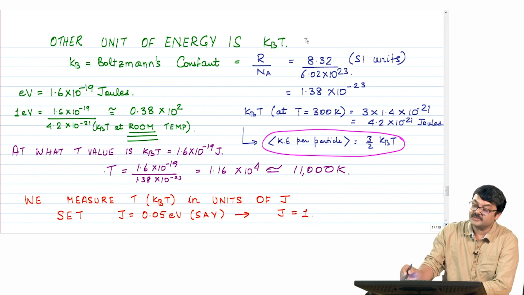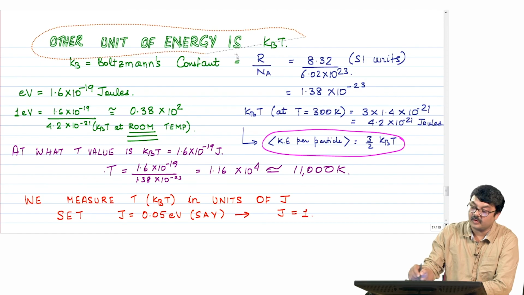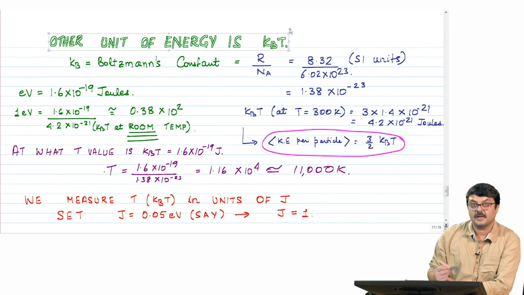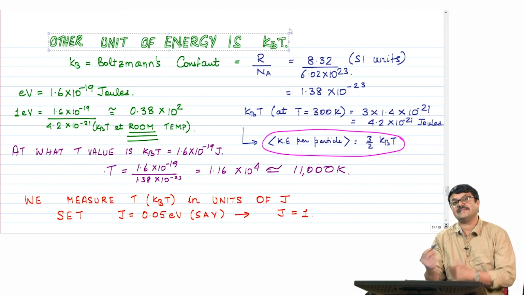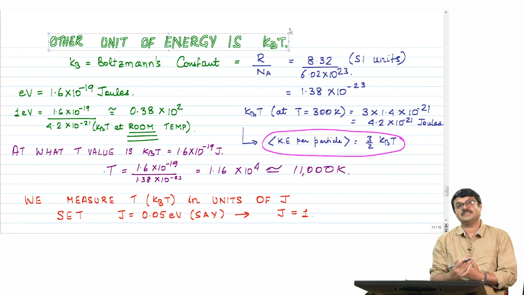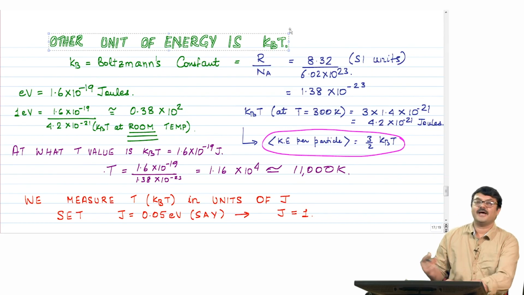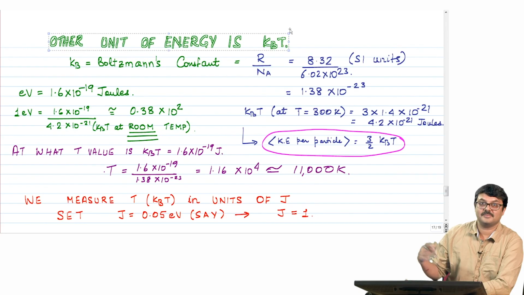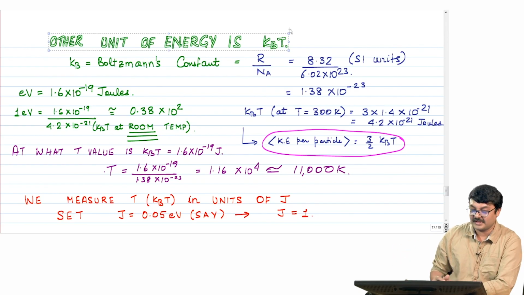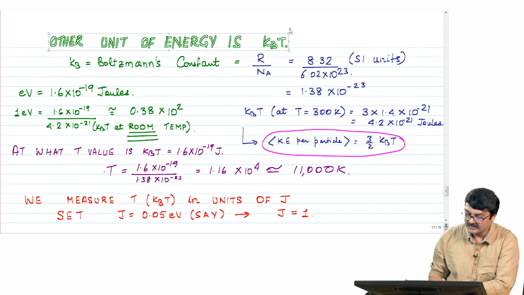The other unit of energy which is relevant in the problem is kBT, thermal energy. It is basically a competition between U, which is determined by minus J Si dot Sj, and the entropy of the system, where the spins can take different configurations, minus TS.